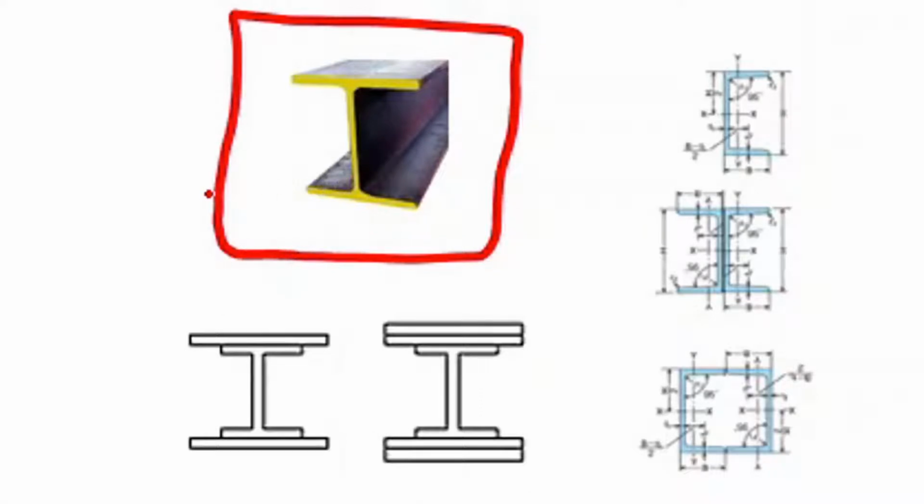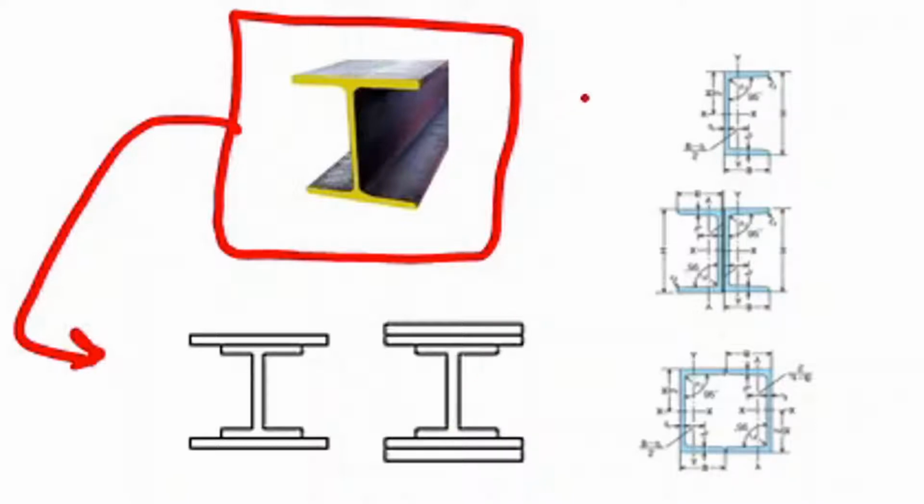Even if the I section does not have enough area, then you can go for a built-up section, like adding plates on both the flanges, depending upon how much area you require to withstand the applied factor load.